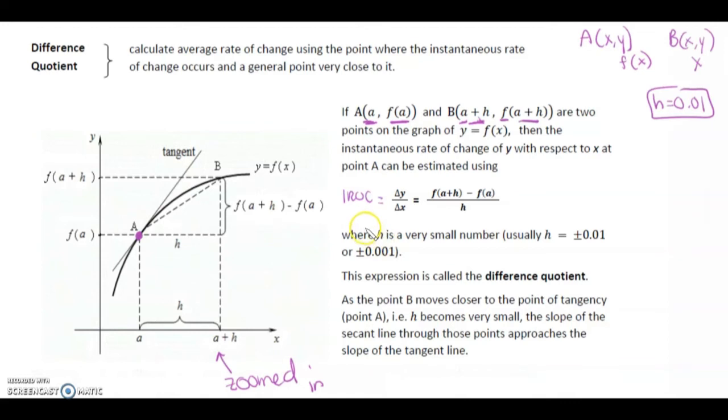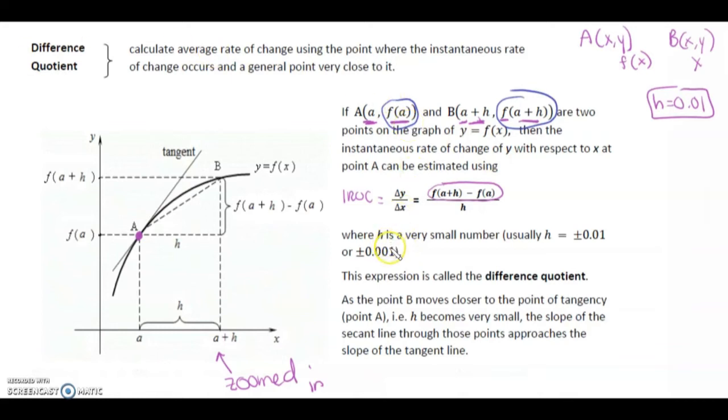But it's the same thing from grade 9: delta y over delta x, change in y over the change in x. So if you actually think about it, these are our y values. These correspond to our y coordinate in the point B and our x coordinate in the point A.